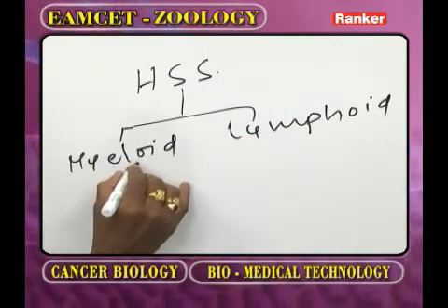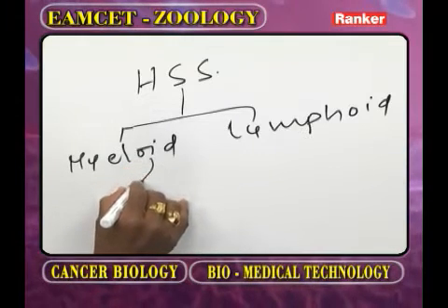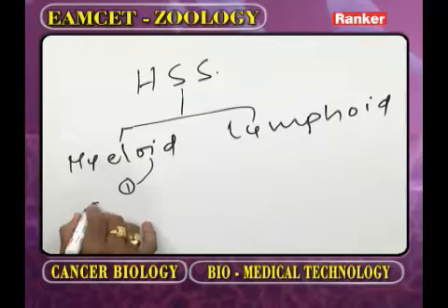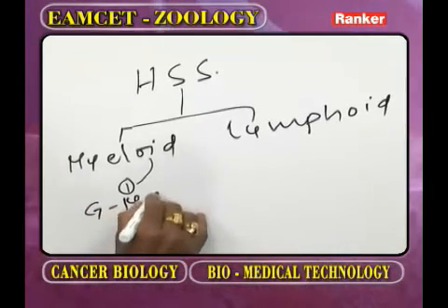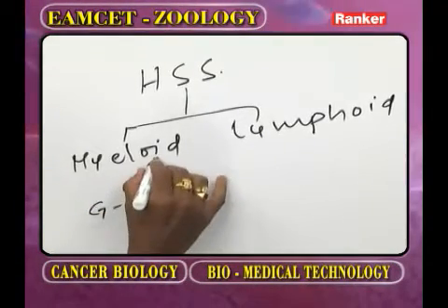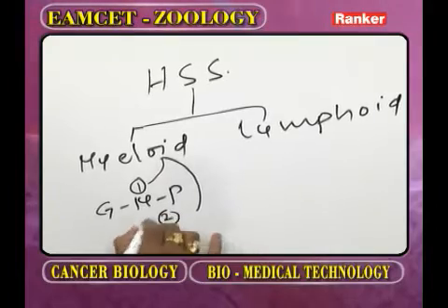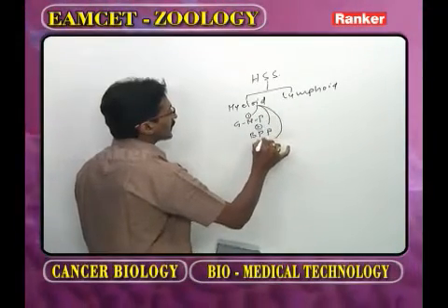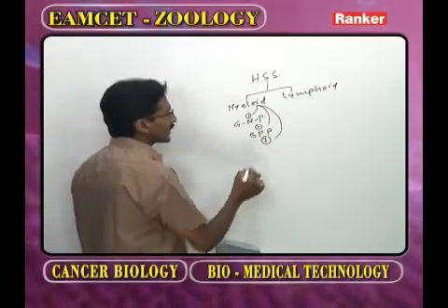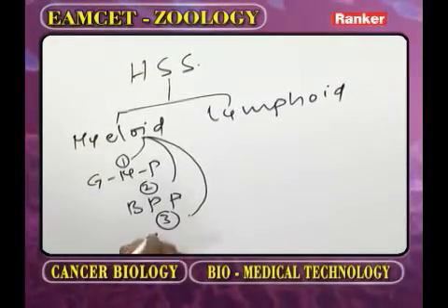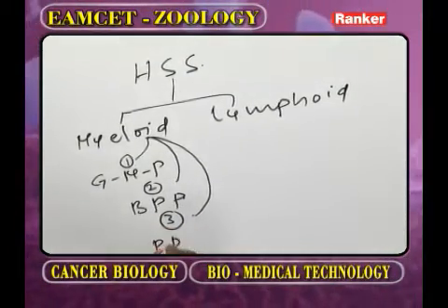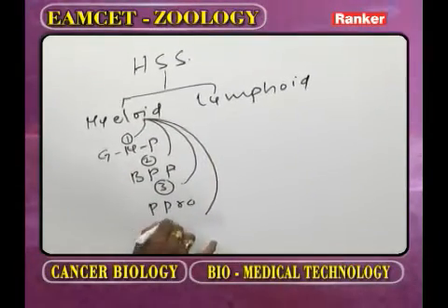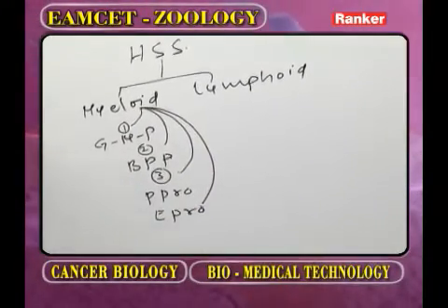Now this myeloid progenitor gives rise to committed progenitors. One we call granulocyte monocyte progenitor, the second one the basophil progenitor, the third one the platelets progenitor, and the next one the erythroid progenitor.